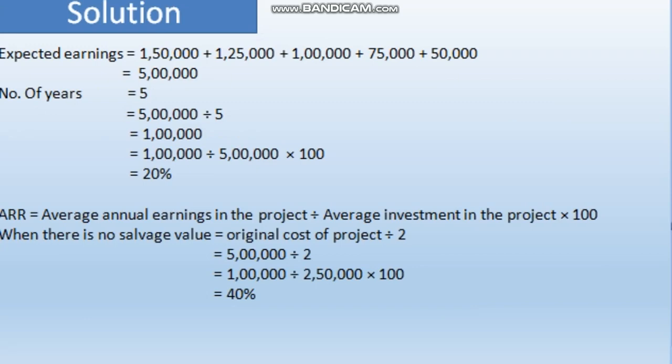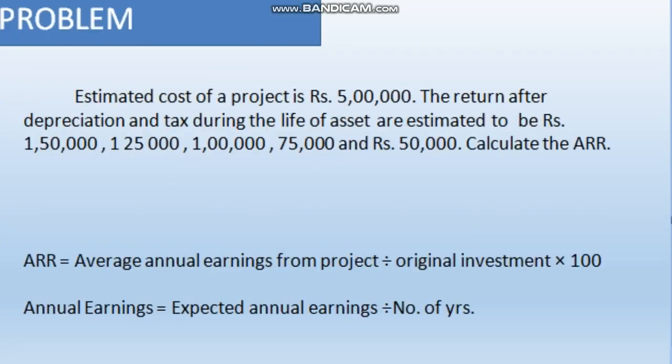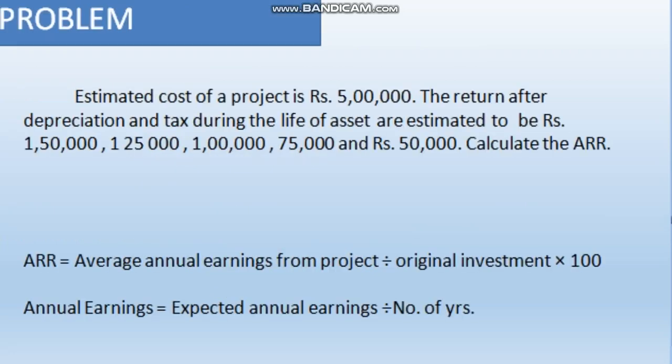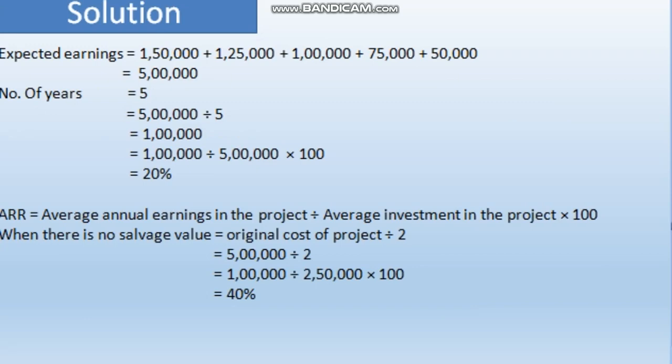So average annual earning is 1 lakh divided by original investment. Original investment means the amount that is invested in the project, that is given in the question, 5 lakh rupees. So 1 lakh divided by 5 lakh into 100 is 20%. So ARR from this project is 20%.